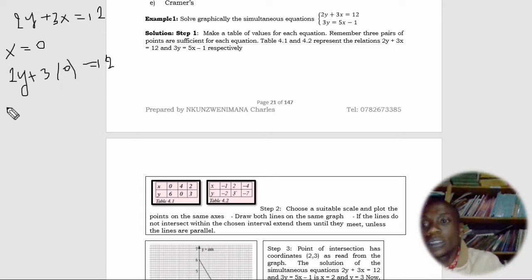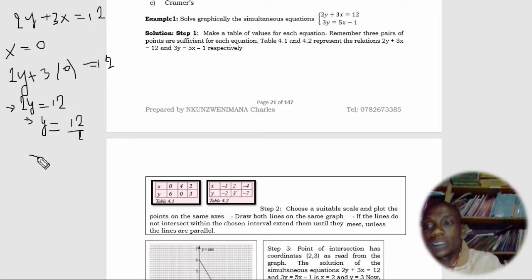Then this is the same as to have 2y. You see here 3 times 0 equals 0. It means here plus 0, there is nothing to change, which is equal to 12. This is the same as 2y equal 12 divided by 2.